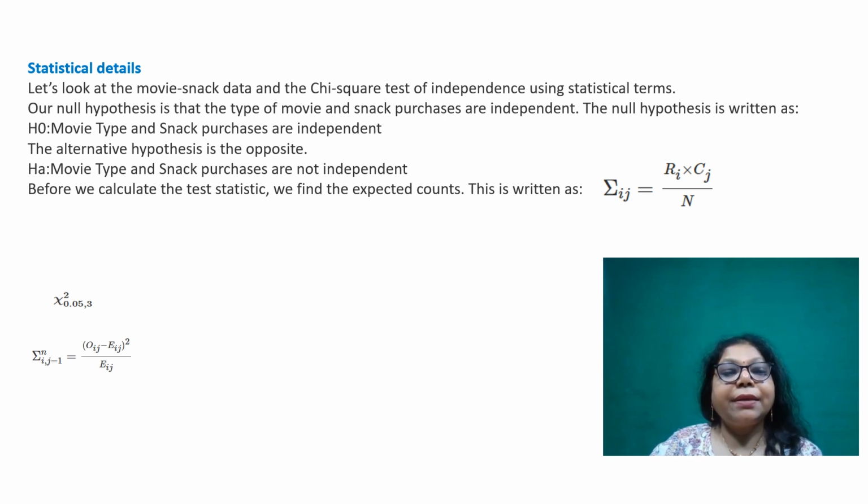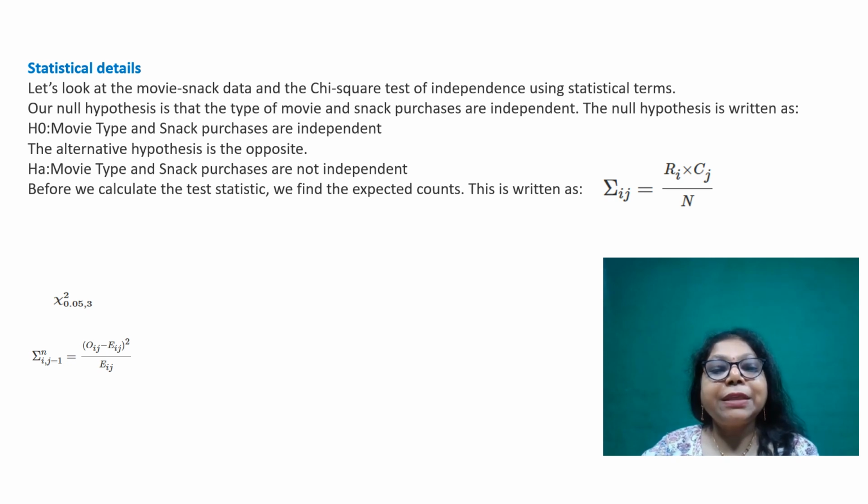We calculate the test statistic using the formula: the sum of (O_ij minus E_ij) whole squared upon E_ij. In this formula, we have combinations of rows and columns. The summation symbol means to add up the calculations for each combination.